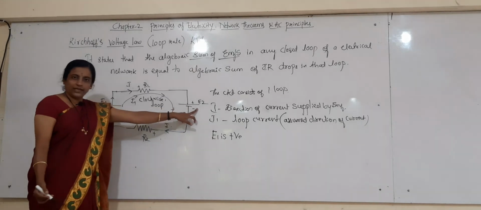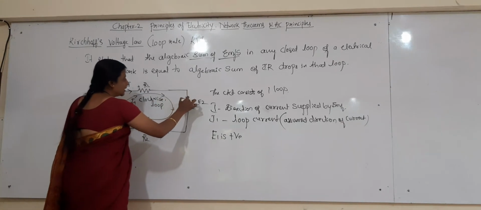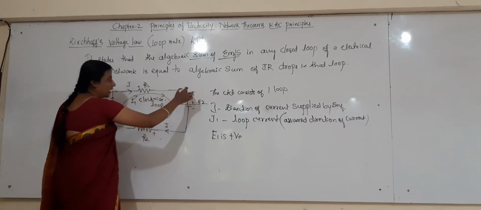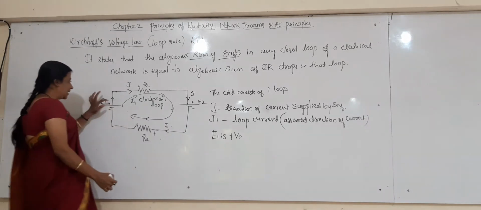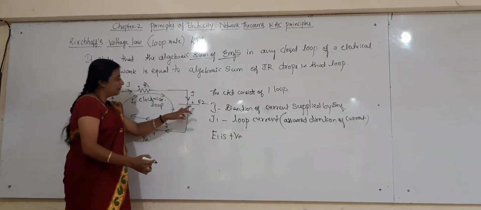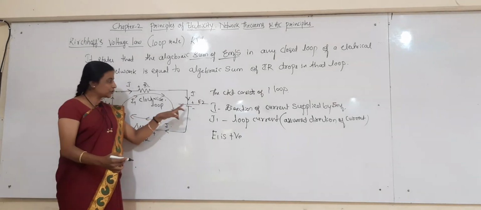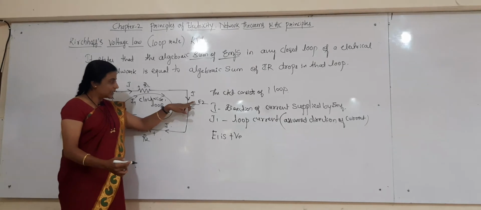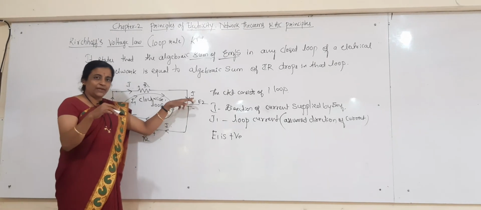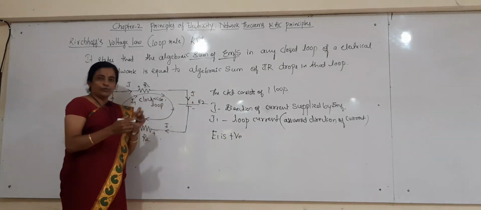One more EMF is there here. This current flows in this direction, that means I flows in a downward direction. Here it is in an upward direction, but your voltage source is opposite. Voltage source opposite means the current supplied by the source is not in the same direction as your loop current.